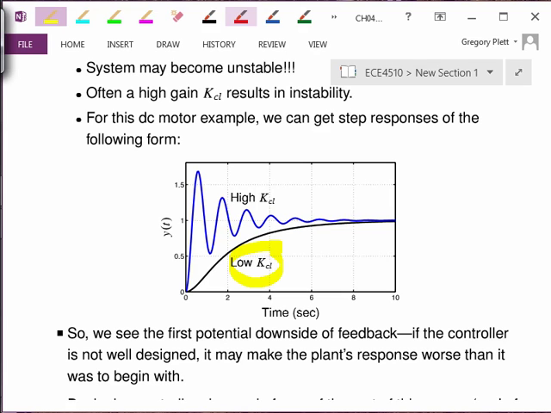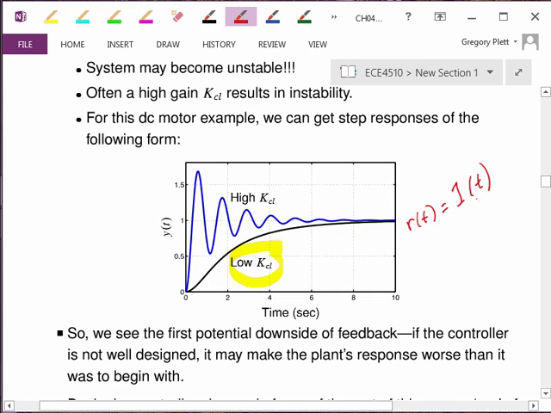So the idea is I'm setting R of t equals 1 of t, and I'm seeing how well the motor tracks that. And after about 8 or 10 seconds, it's tracking it quite well with very little steady state error and no drama getting there.